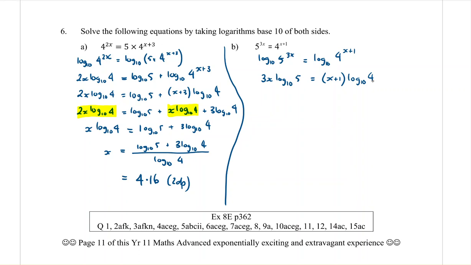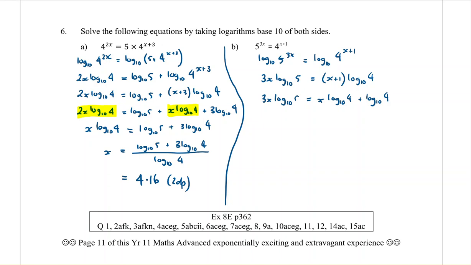Okay, so remember last time, the goal is you want to get both of your x's together. So I'm going to expand that bracket. 3x log 10 of 5 equals x log 10 of 4 plus 1, or just log 10 of 4.